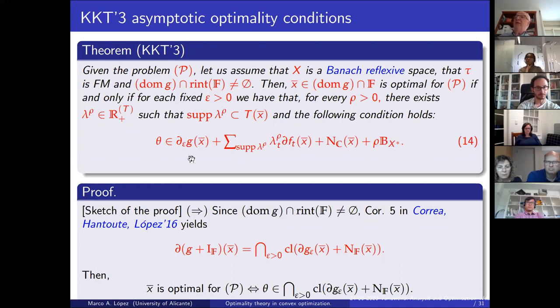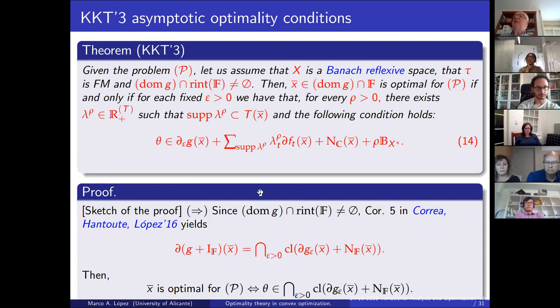So for any fixed epsilon, and for every rho, I have this kind of condition. I can handle both by making epsilon smaller and smaller, and also rho, but in this case, for every fixed epsilon and every rho, these scalars will change. Some sketch of the proof.